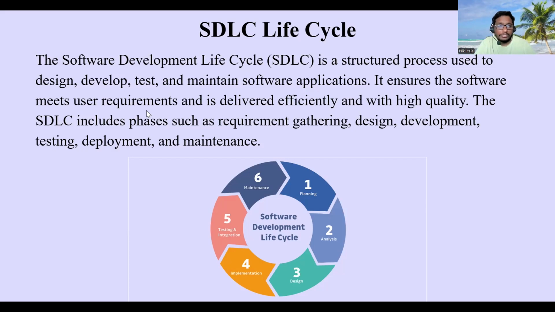In our context, our user is nothing but the client. So, you will be building the perfect product or software with the help of SDLC so that the client can be satisfied and happy. The SDLC includes phases such as requirement gathering, design, development, testing, deployment, and maintenance. And we will be discussing all these phases in the upcoming slides.